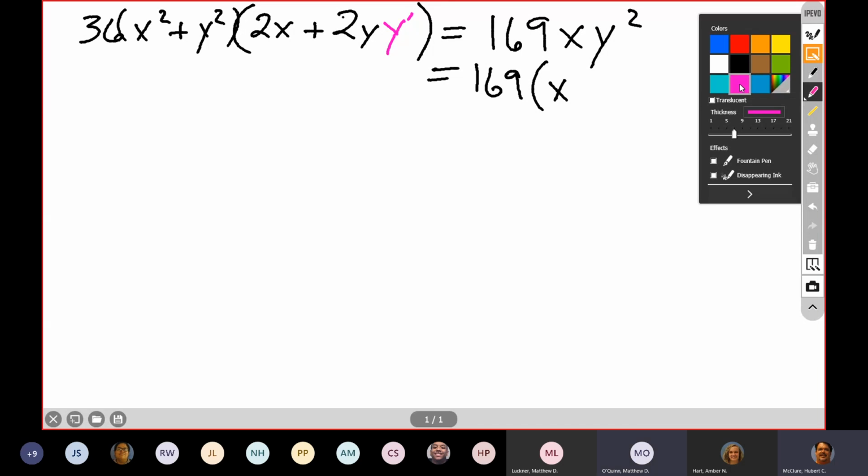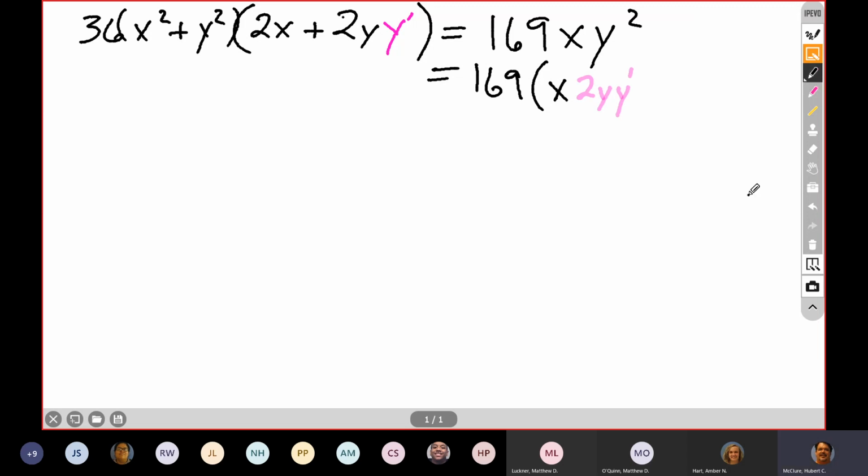There. Times 2y, y prime, plus the second times the derivative of the first.